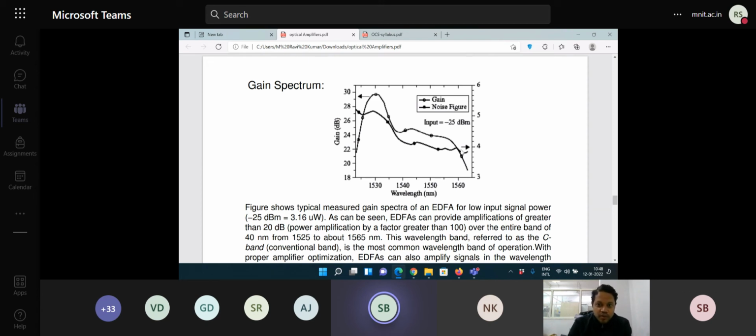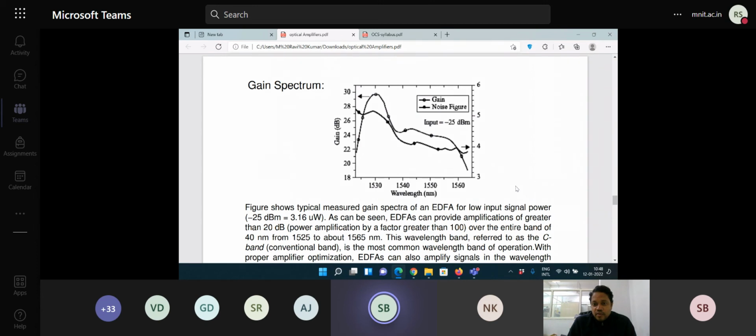but over quite a large band, from something around 1525 or so up to 1555 or 1560, you get a gain of more than 20 dB. So 20 dB refers to an amplification by a factor greater than 100. That is a very good gain factor, 20 dB.